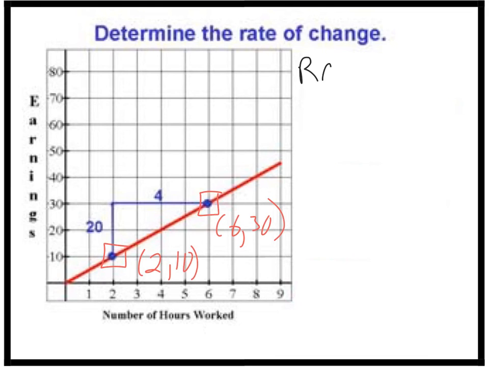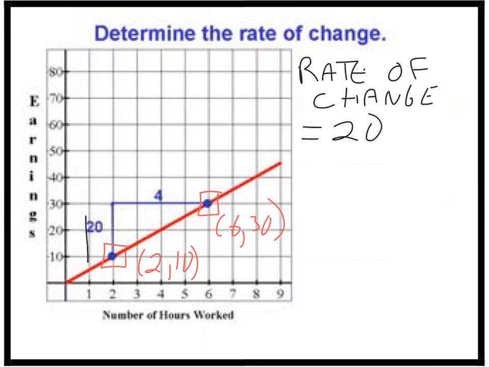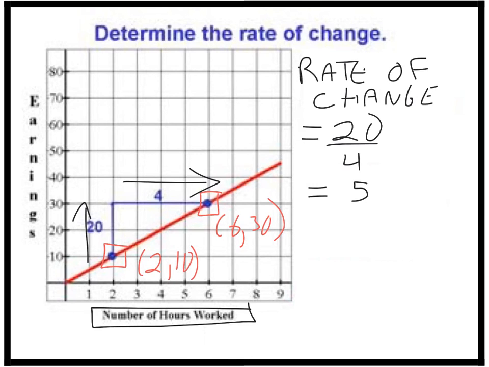So our rate of change. In this case, we have a rise of 20, shown right here, and we have a run of 4. So if we do 20 divided by 4, we find an answer of 5. Now what is that 5 actually talking about? Well, it's comparing hours worked and earnings.